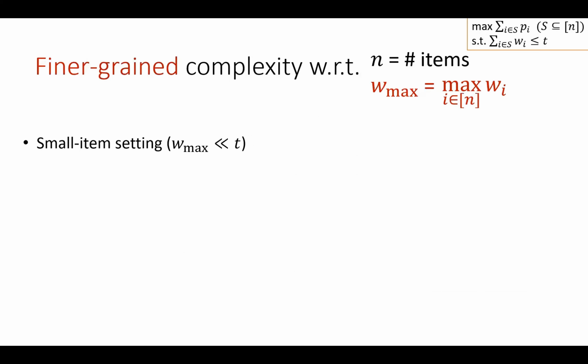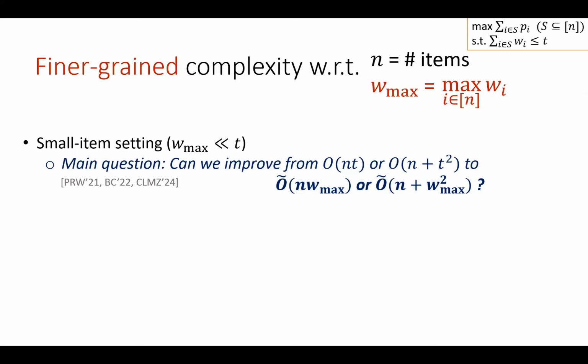And more recently, there has been some research on trying to get a finer-grained understanding of the 0-1 knapsack by looking at another parameter, Wmax, which is defined as the maximum input weight. And this is particularly useful in the setting where the items could be much smaller than the capacity.